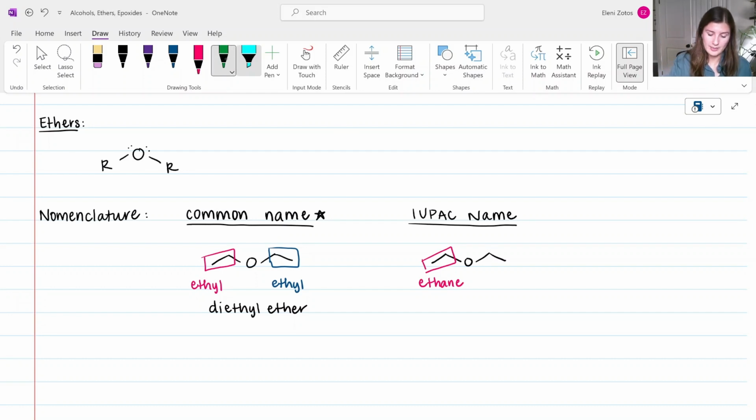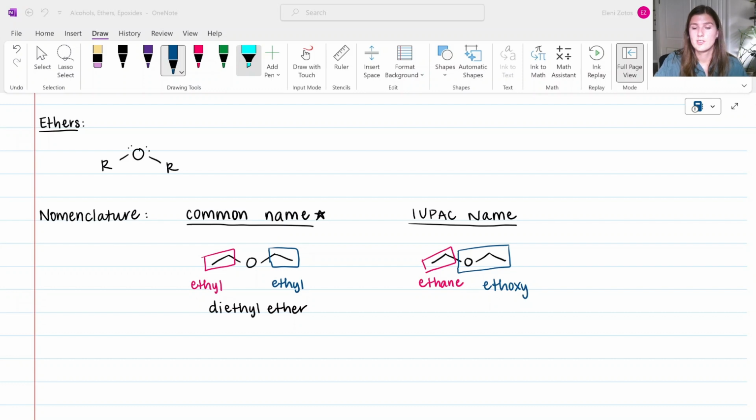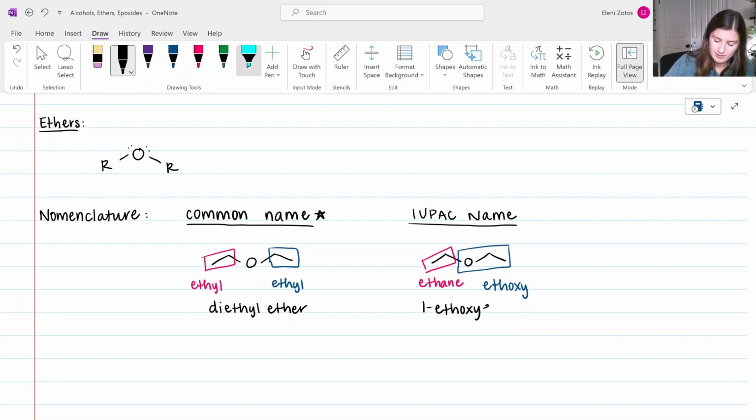A substituent on the ethane is the rest of this molecule, and this is an ethoxy substituent. So in this molecule, ethane is the main carbon chain. We have an ethoxy group on carbon 1. So this is 1-ethoxyethane. And that is the IUPAC name for the same molecule.